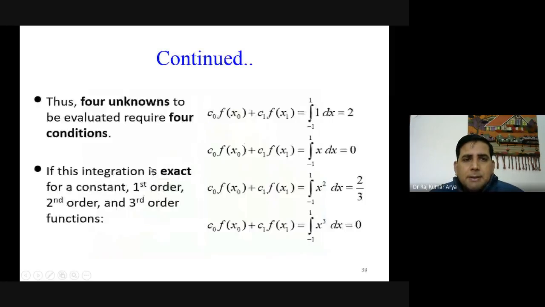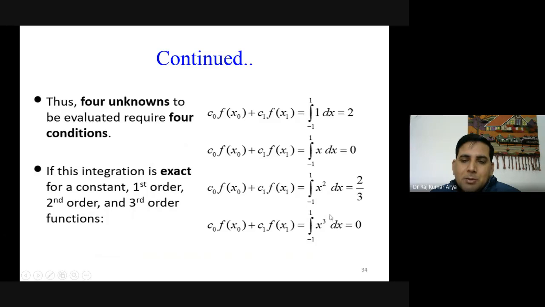Now let's say there are four unknowns to be evaluated. Let's say you have a function there. Now these are the four unknowns. Let's say c0 plus c1, you are calculating function x0 plus x1. You want to integrate from -1 to 1. If you integrate a constant, you are getting 2. Let's say you have x there, you want to integrate that, you are getting 0. x square, you are getting 2 by 3.